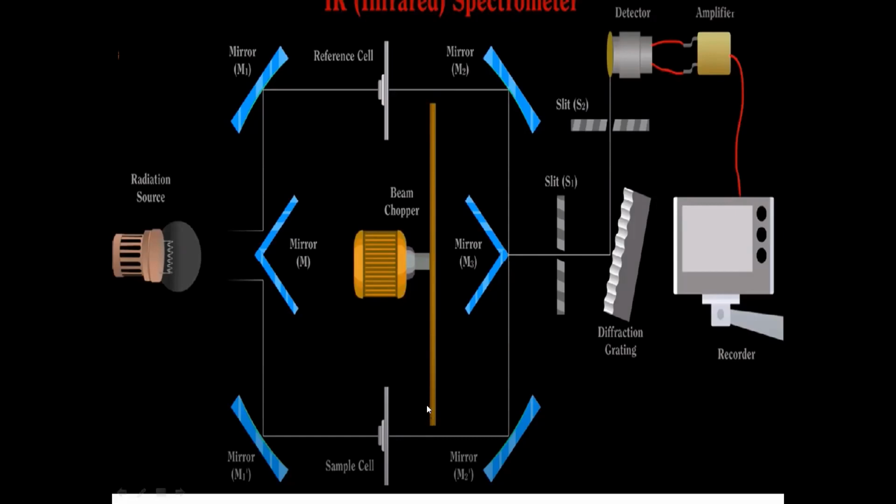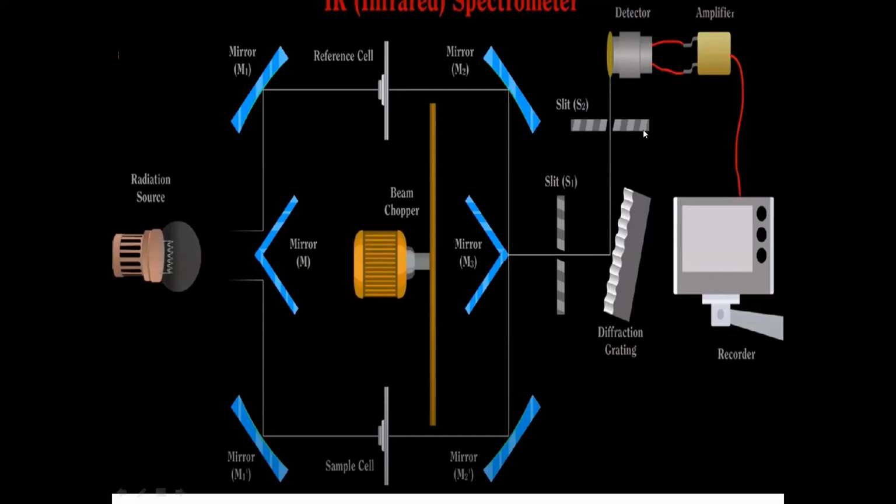So the IR radiation which is coming through the sample will be blocked at this point, and the IR radiation which is coming through the reference cell will go forward. And this time, this beam will reach the diffraction grating, and through the slit it will reach this detector. This is the detector.